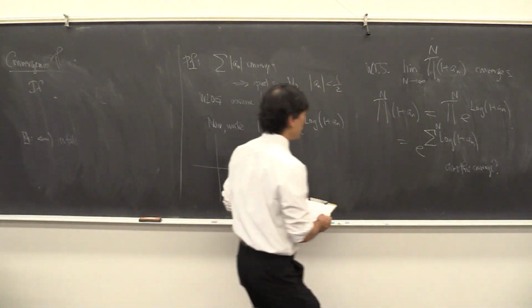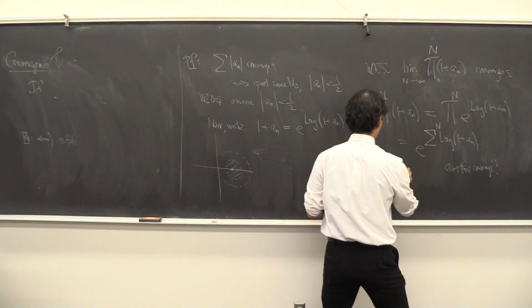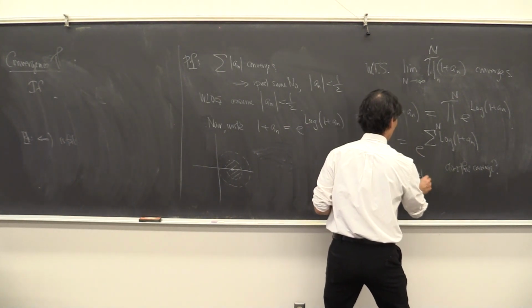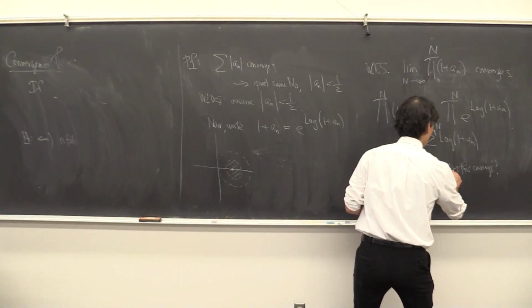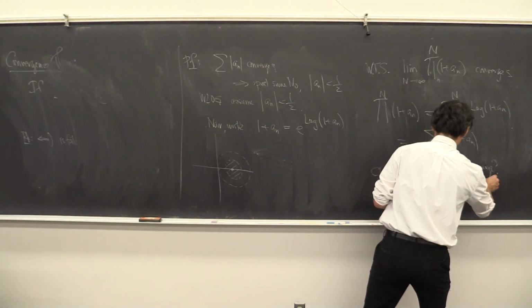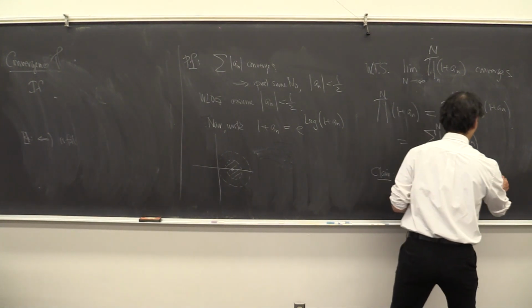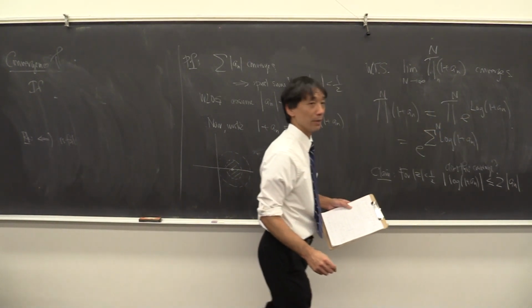So what we're going to do is claim: for z smaller than a half in modulus, the absolute value of the log is controlled by 2 times the absolute value of a sub n.